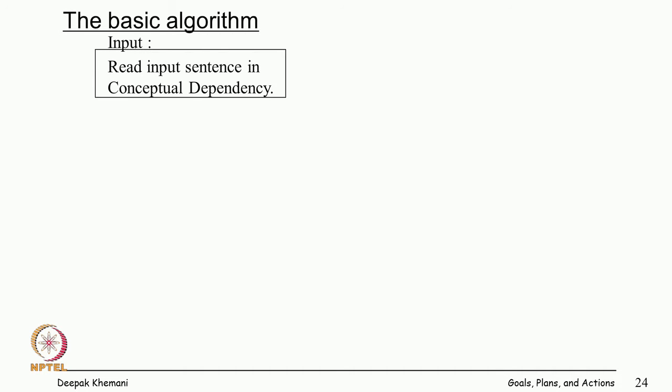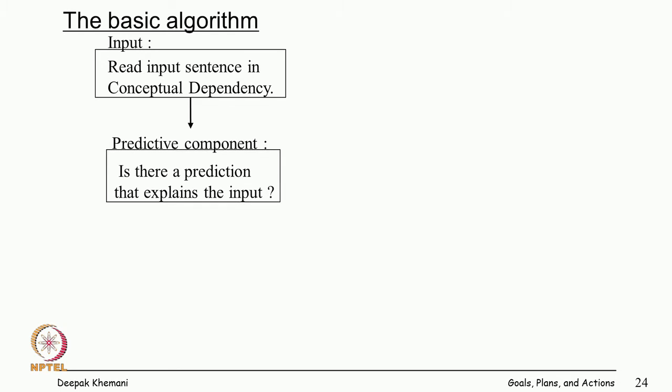in some detail. So, you read the input sentence, which is done in conceptual dependency theory, and you immediately go to the predictive component. So, is the conceptualization that you are reading, does it match some expectation, does it match some prediction essentially?